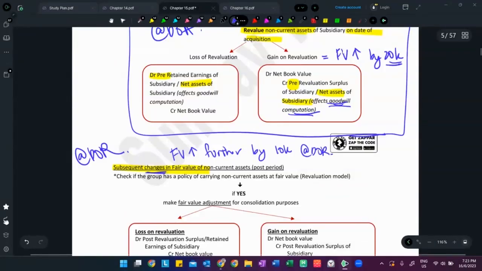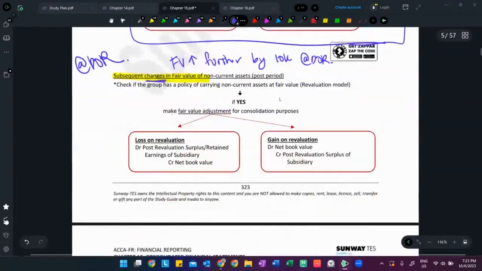Okay, the one that increased at DOA is only 20,000. Subsequently, at DOR, it increased by 10,000. So the question is, do we need to adjust for this 10,000? Must we record the increase of a further 10,000 at the date of reporting? Okay, so take note. In this case, it's not a must for the parent to record the increase in fair value at the DOR.